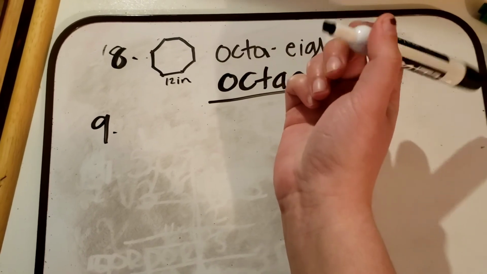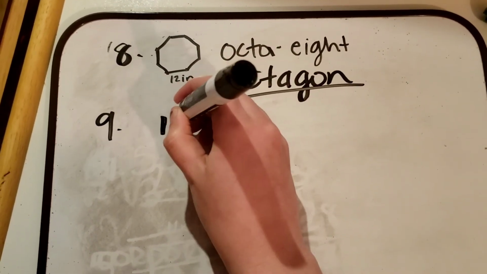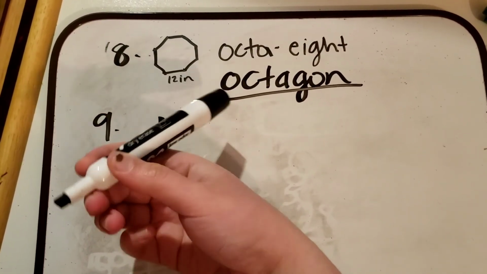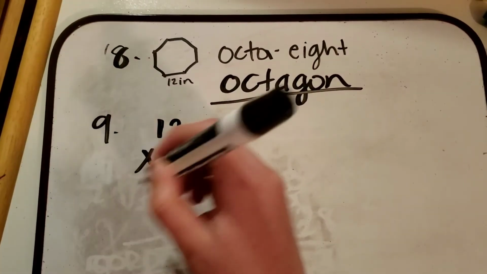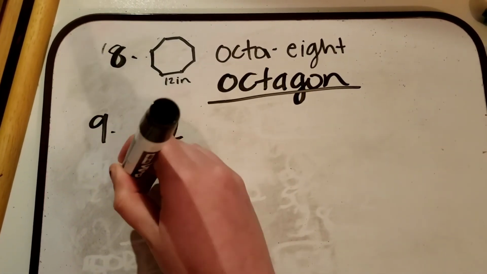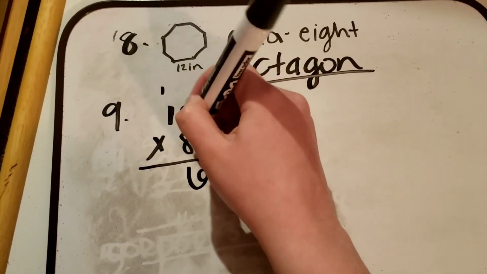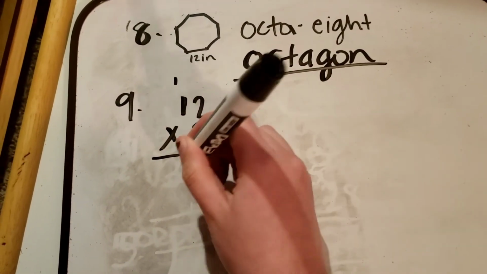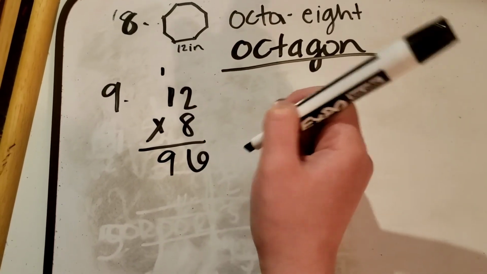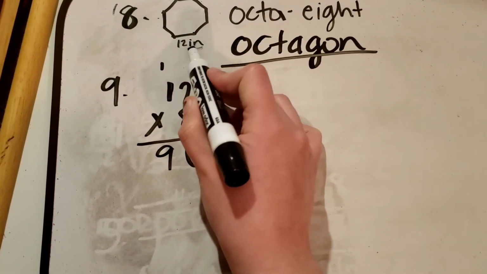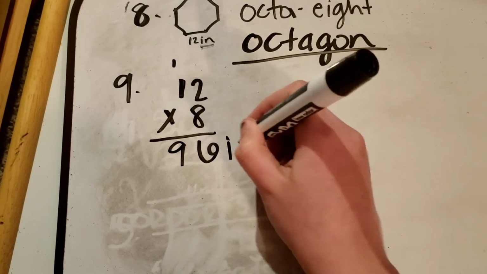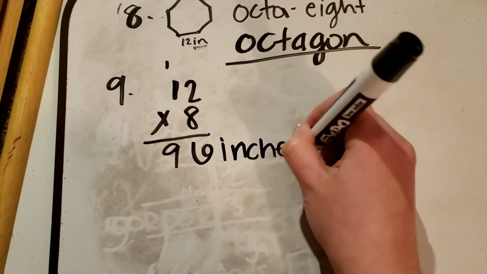It's going to take a little bit. We could also just multiply because we know that it has 8 sides. So we can just do 12 times 8. 8 times 2 is 16. 8 times 1 is 8, plus 1 is 9. We have 96 and it is measuring in inches. So it is 96 inches.